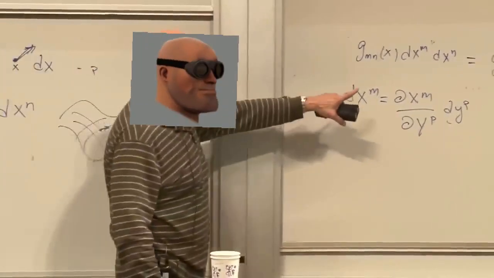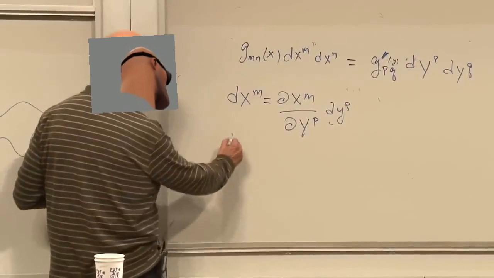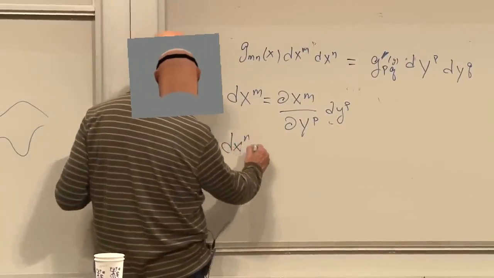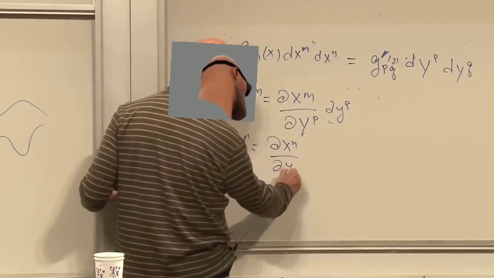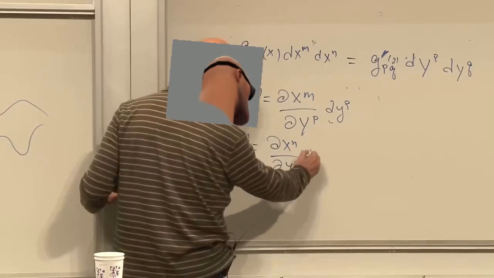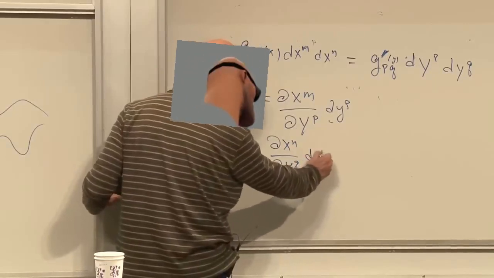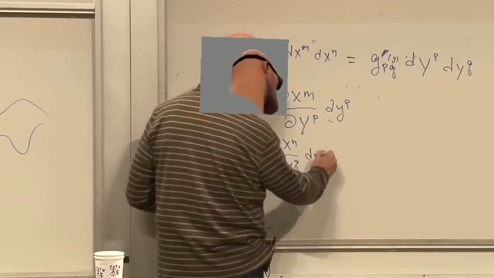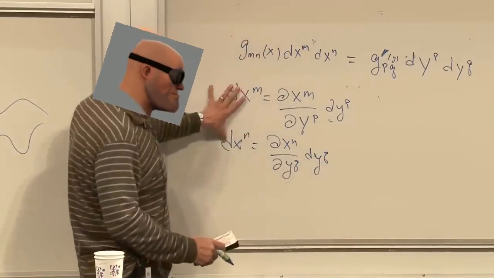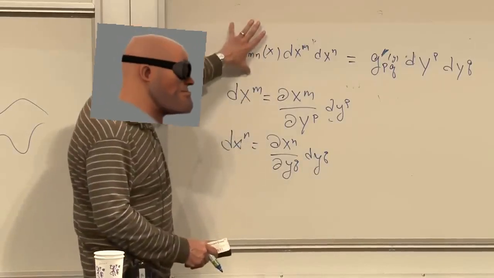And let's do the same thing for dxn. dxn is equal to the partial of xn with respect to yq, dyq, and now plug these two expressions into here.